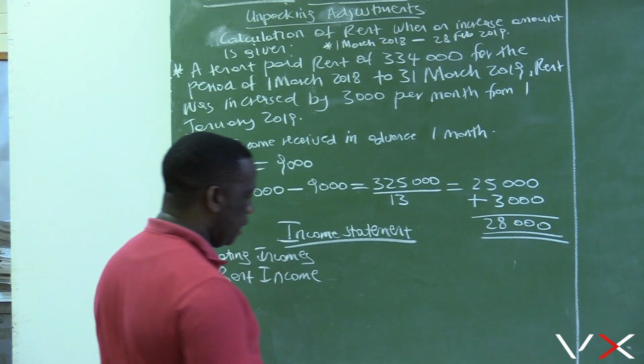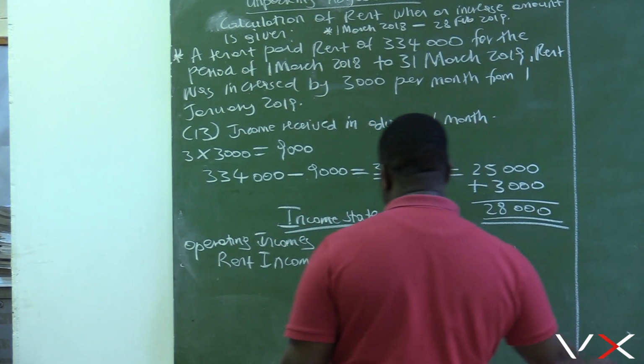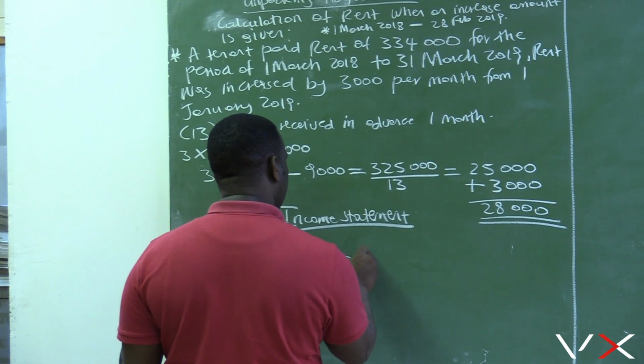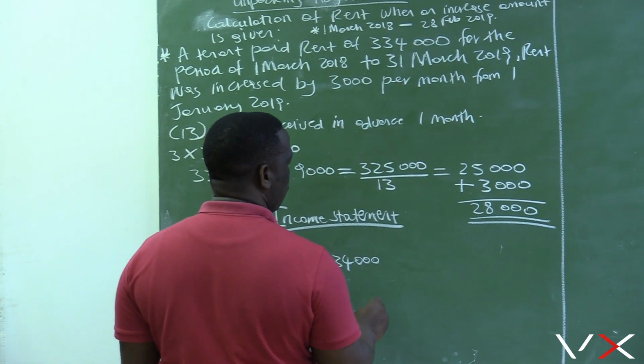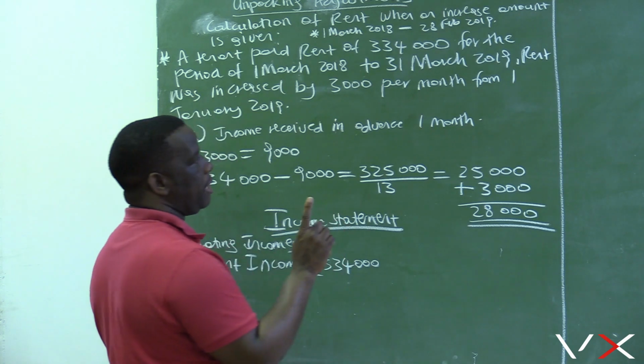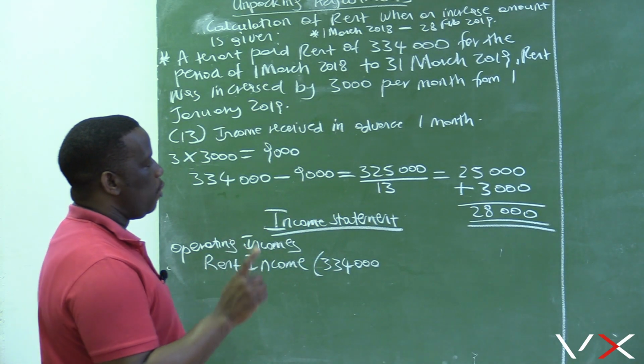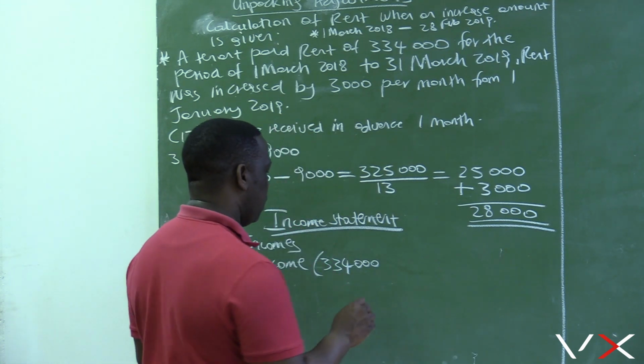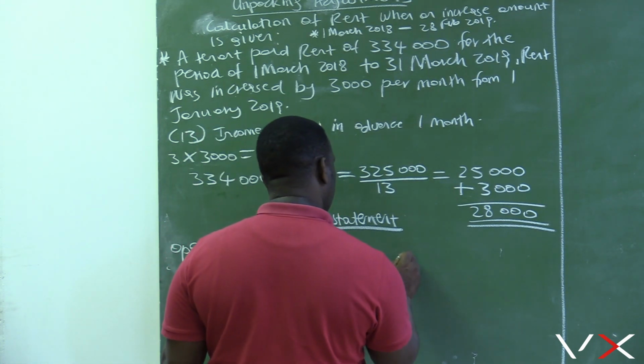The amount for rent income is 334,000, which is given. The rent has been received for 13 months, and we know now that rent after increase per month is 28,000. So we need to take out 1 month.